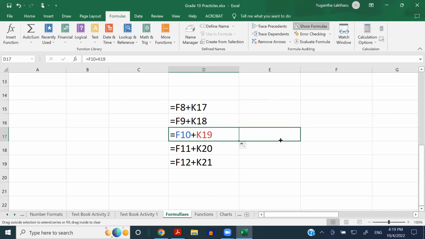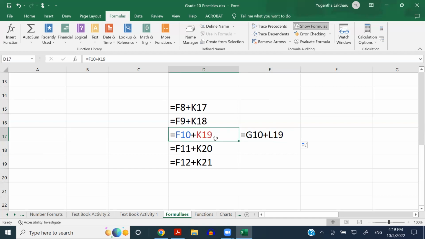Here you will see, since we are changing the columns, the column headers will increase. But since we are in the same row, no change has happened to the row headers. Look at this. F10 K19 becomes G10 L19. So what has happened here? F has become G, the next letter after F. K has become L, the next letter after K.